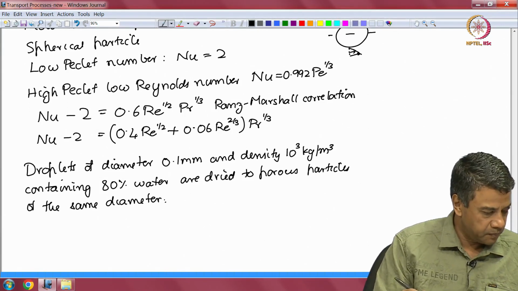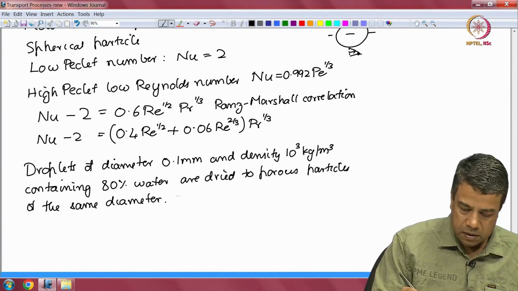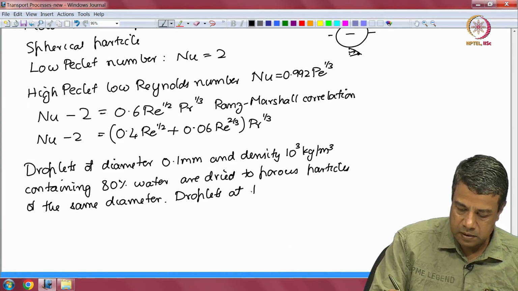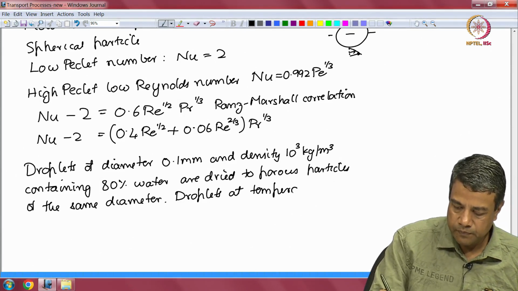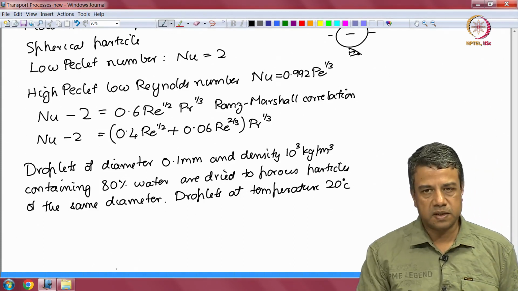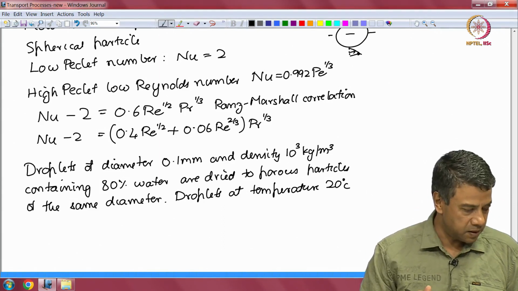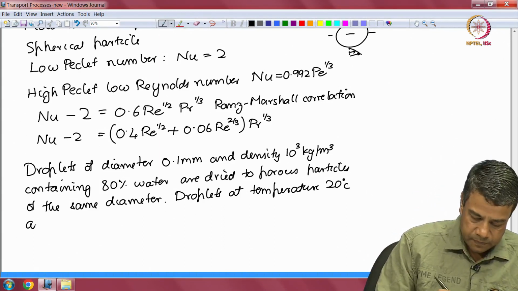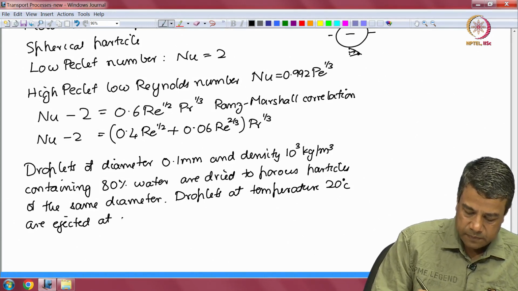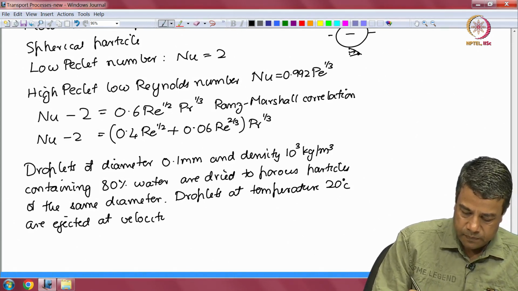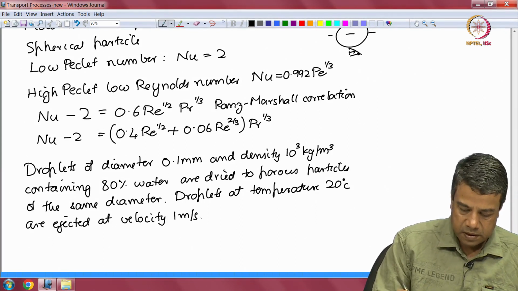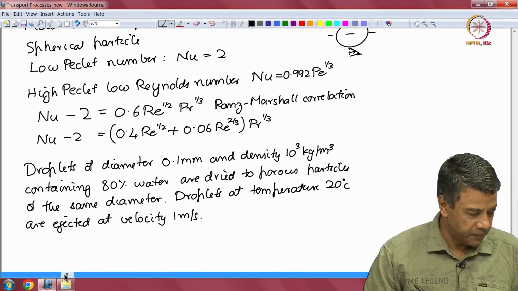At temperature 20 degrees centigrade. The temperature of the droplets which is ejected is at 20 degrees centigrade. At velocity 1 meter per second. That is the velocity, free stream velocity.